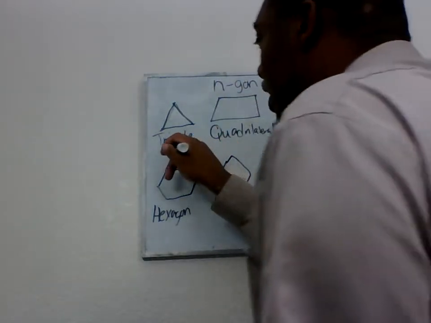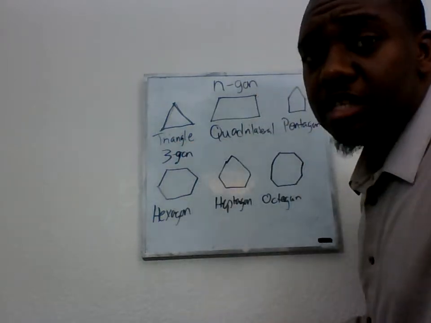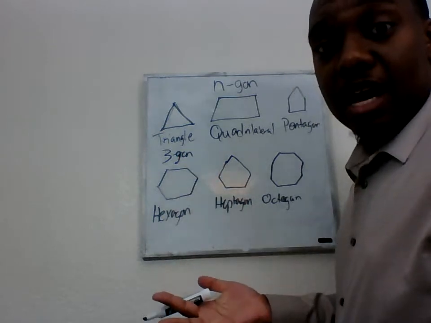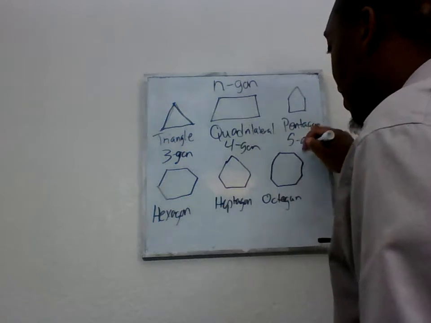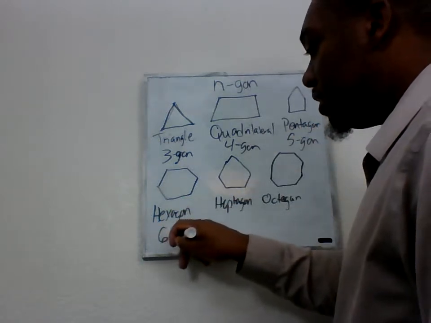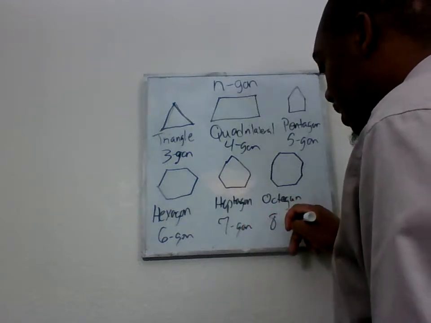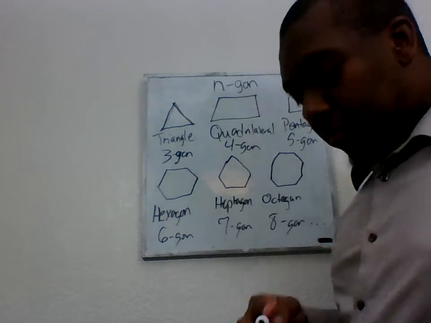If you want to call a triangle a 3-gon, most people will probably look at you like you're crazy, but that's fine. You know what you're saying. It has 3 sides. If I want to call this a 4-gon, I can. If I want to call this a 5-gon, I can. If I want to do 6-gon, 7-gon, 8-gon, and so on and so forth, I can do that all I want.